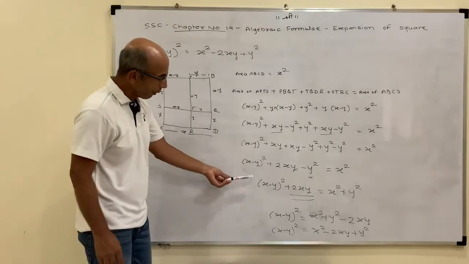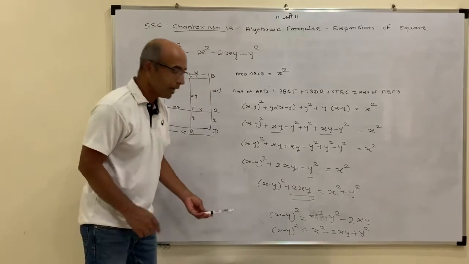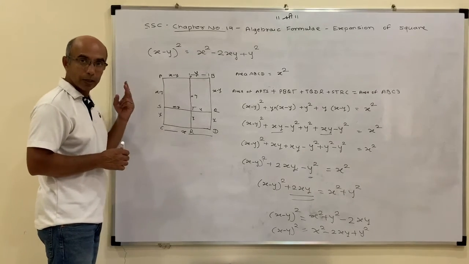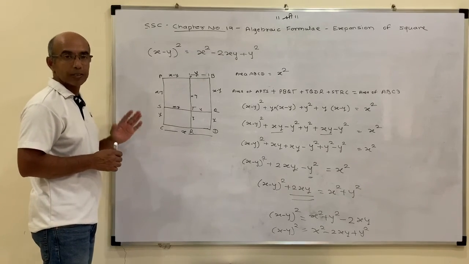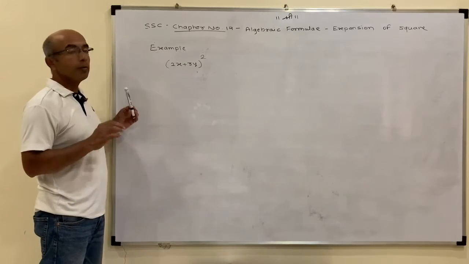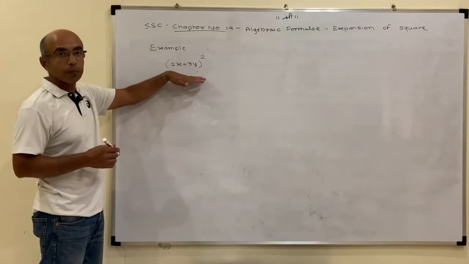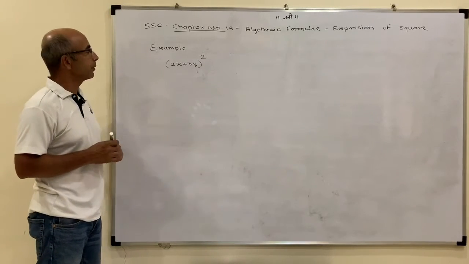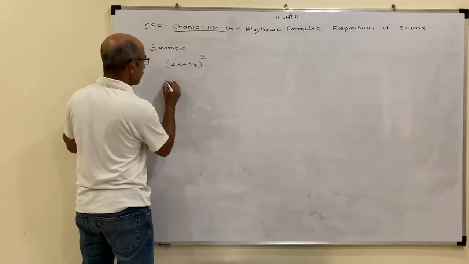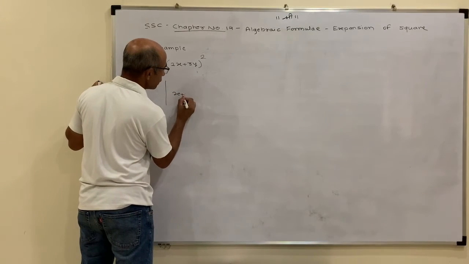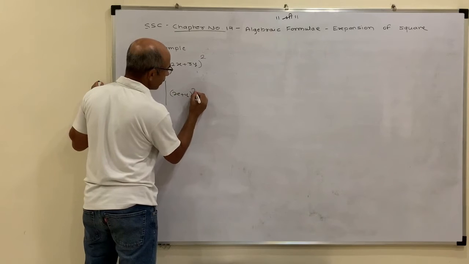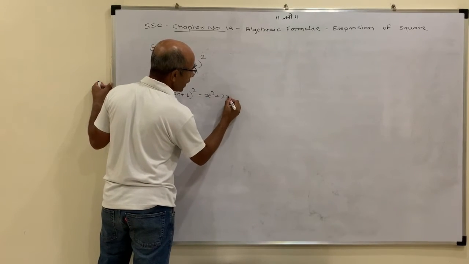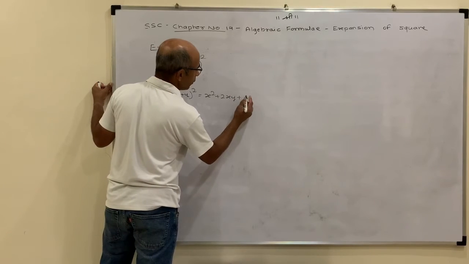Then I simplified it further and found that X minus Y bracket square equals X square minus 2XY plus Y square. Now let's look at this example. We need to expand this term, 2X plus 3Y bracket square. So now, what we have recently learned: X plus Y bracket square is equal to X square plus 2XY plus Y square.